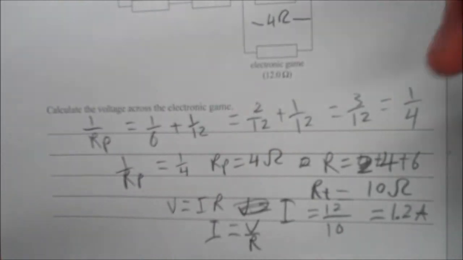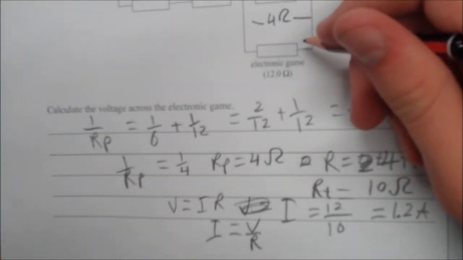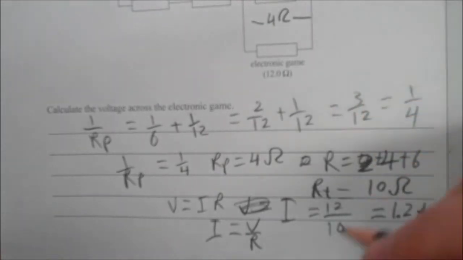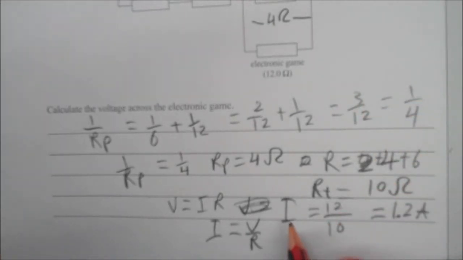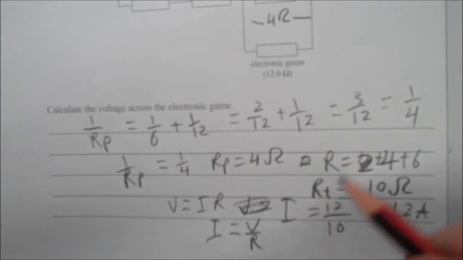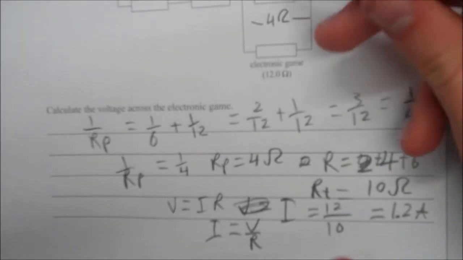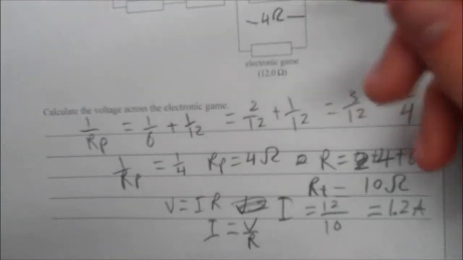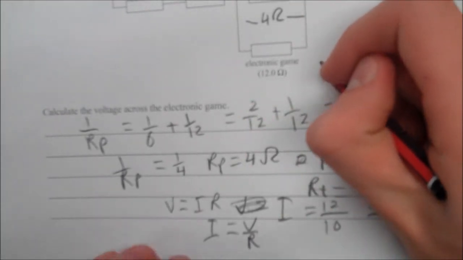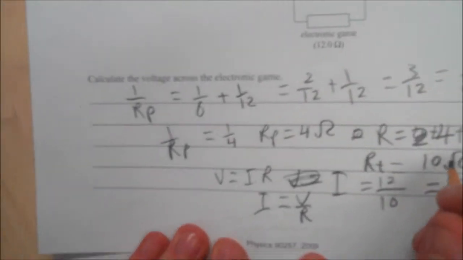And to find what the voltage is across the electronic game, we have the current for the whole circuit, and we have the resistance of the parallel section here, which is the resistance we need to use.